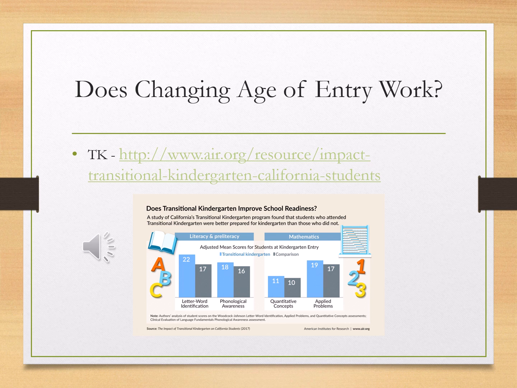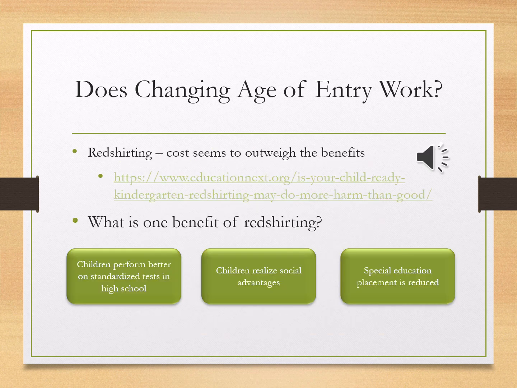But we do want to remember that we're not just measuring whether children are doing better academically, because there's all those other developmental domains that we want to make sure that children are doing well in addition to. According to the article in the link below and other research studies and articles on redshirting, redshirting is a little bit of a mixed bag in terms of outcomes, but overall it doesn't really seem to do a whole lot of good.